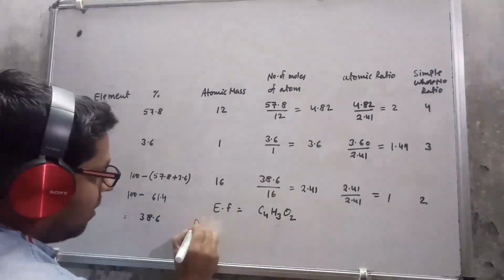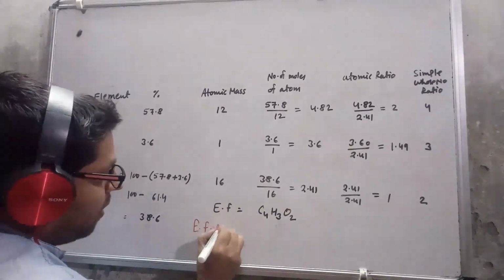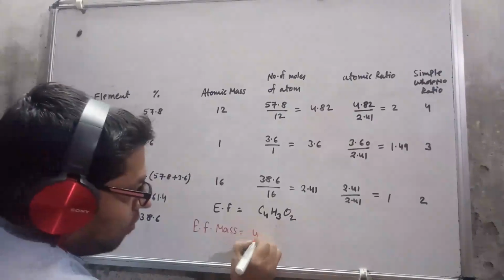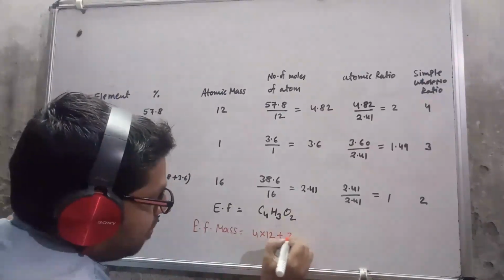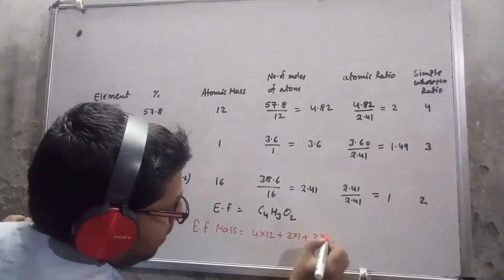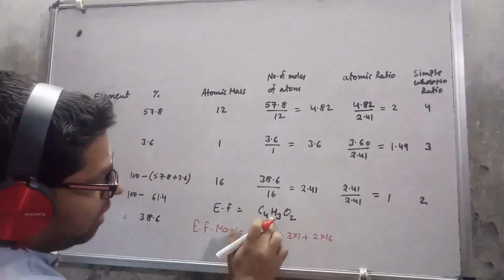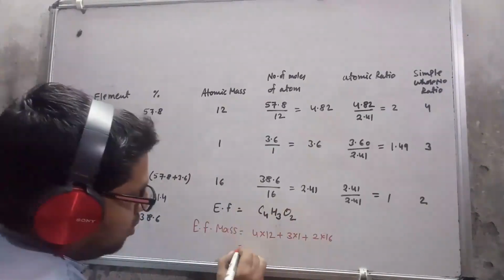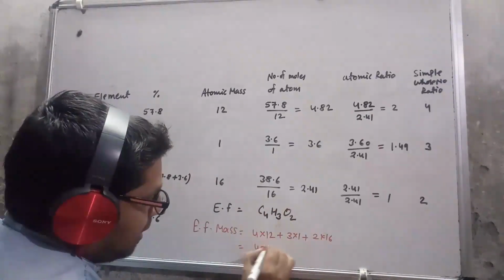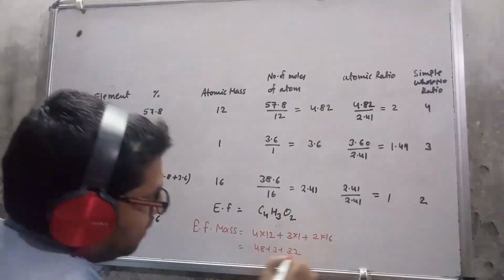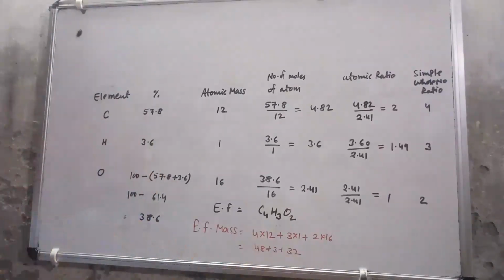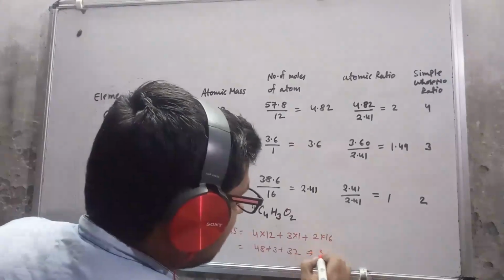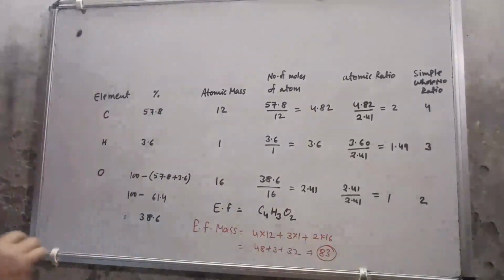So what will it be? 4 multiplied by 12 plus 3 multiplied by 1 plus 2 multiplied by 16. 12 is the mass of carbon, 1 is the mass of hydrogen, 16 is the mass of oxygen. This is 48 plus 3 plus 32, which gives 83. This is the empirical formula mass.